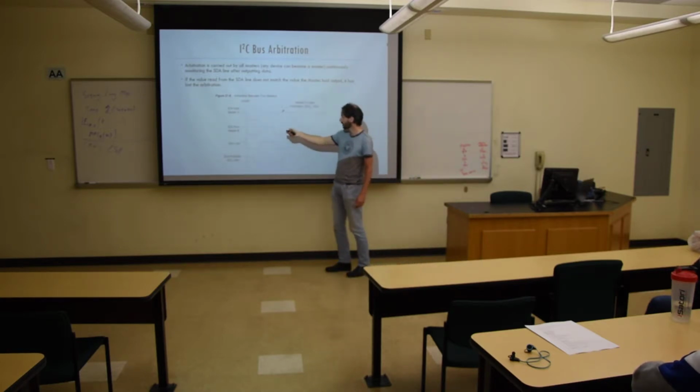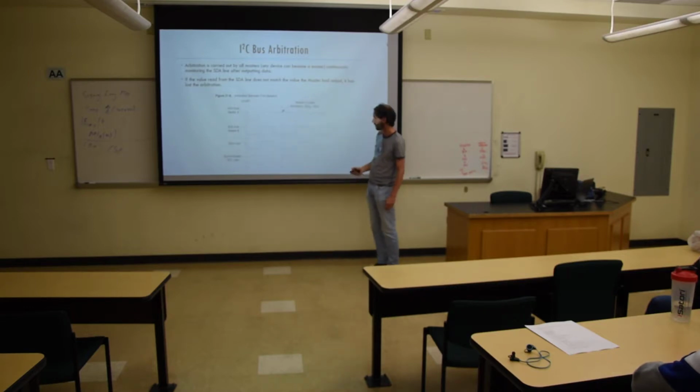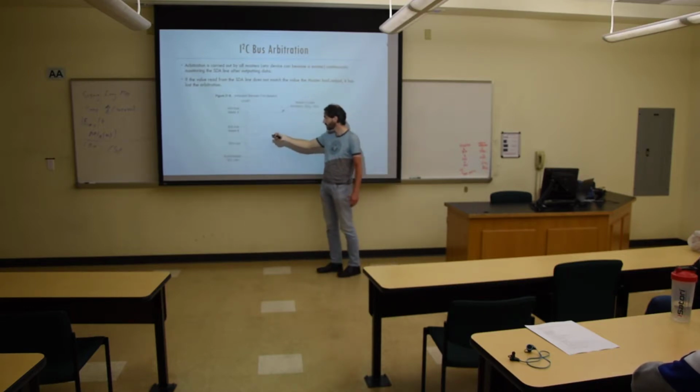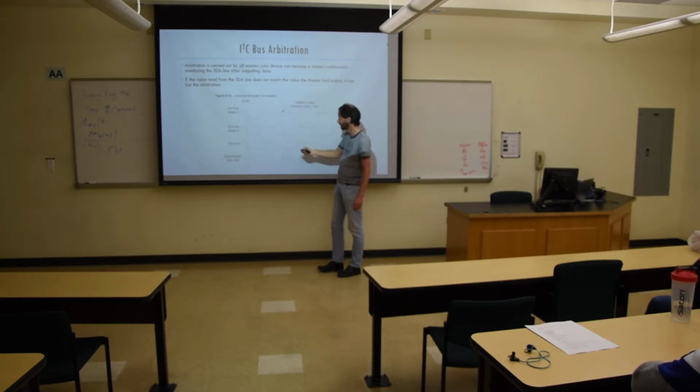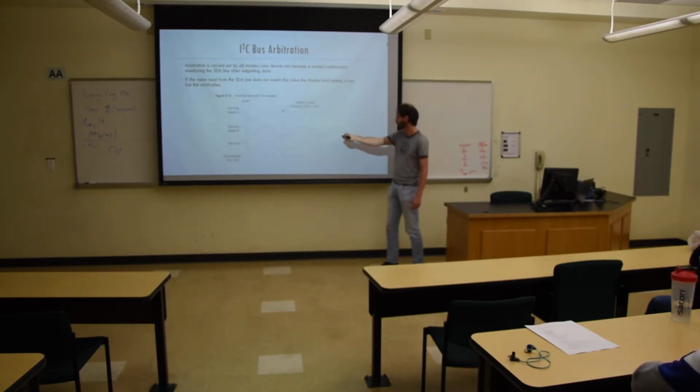For example, master A wants to transmit a 0 and then all ones, while master B would like to transmit some zeros and then some ones and then some zeros again. And it continues over here, so we have a whole bunch of address bits.